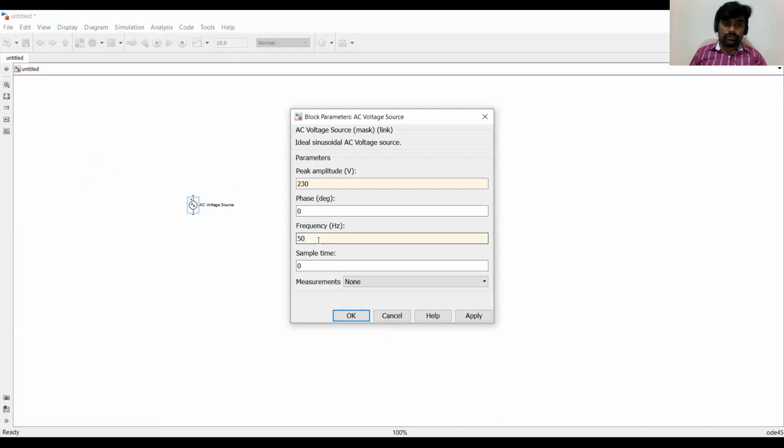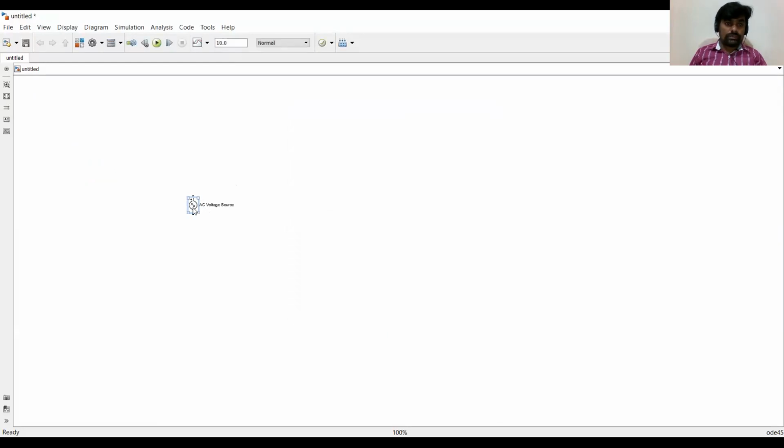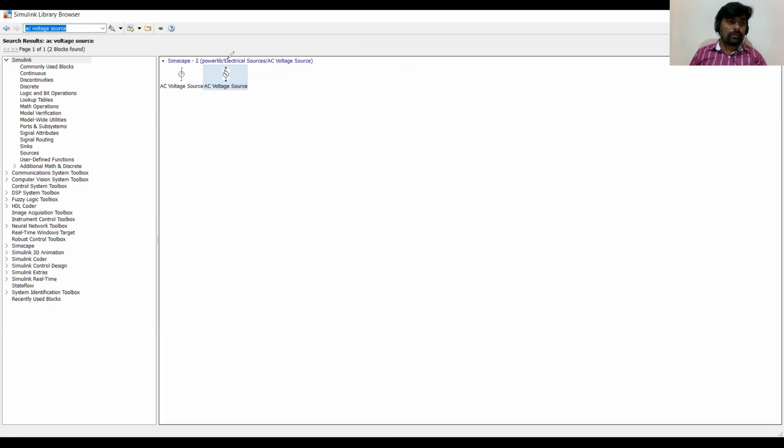Input frequency is 50 Hz. Right. Okay. Then again I need to go for the Simulink browser. Then I will add one by one.